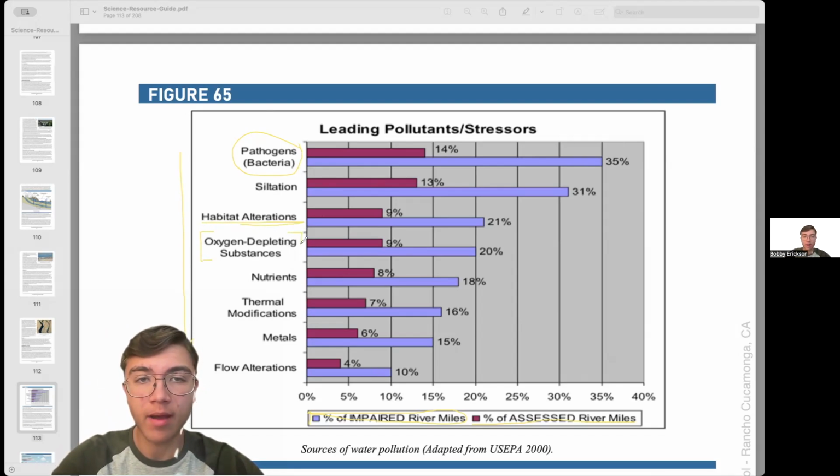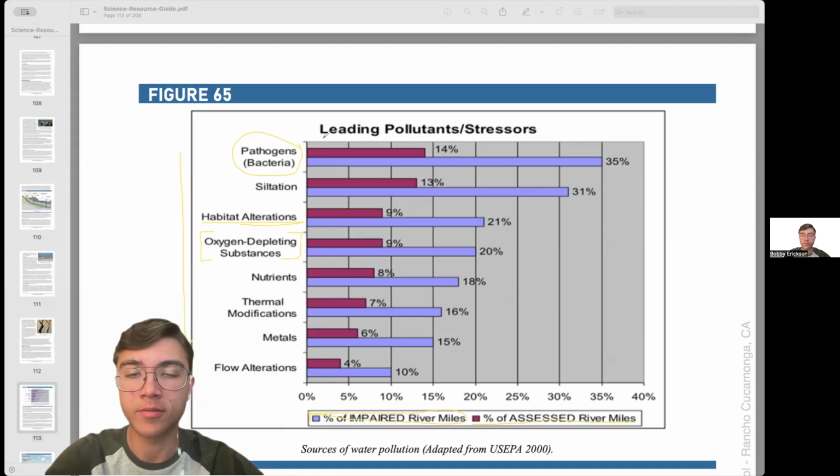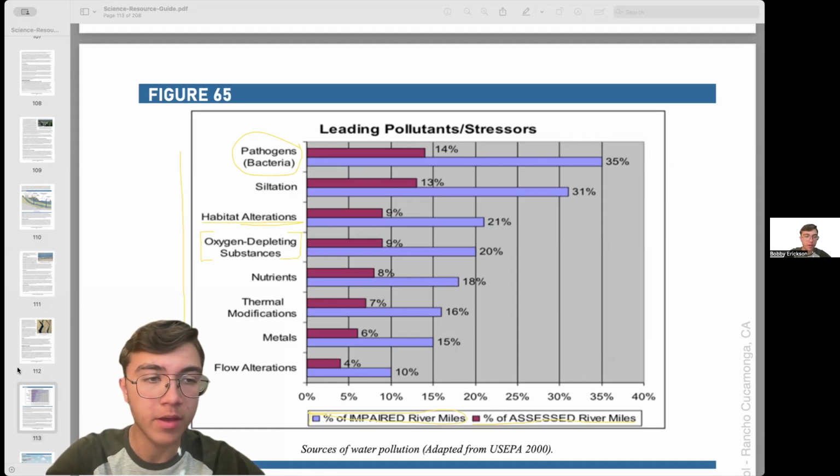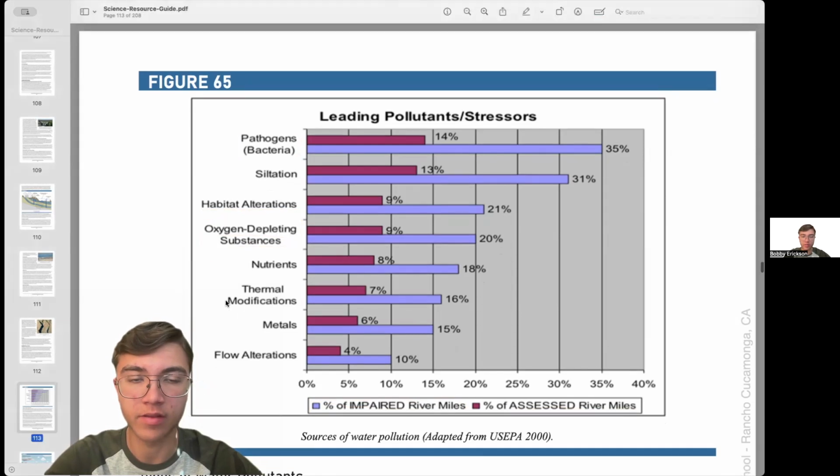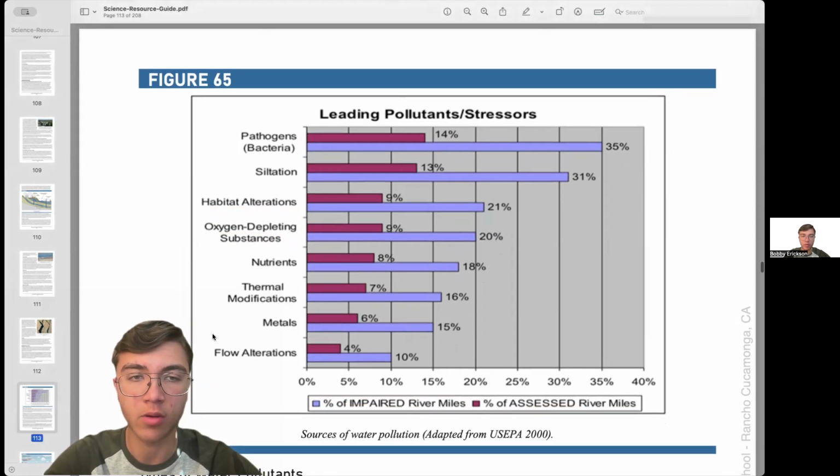We'll talk later on about BOD, and as it says here, oxygen depleting substances. And then we have nutrients, and thermal modifications and metals and flow alterations.